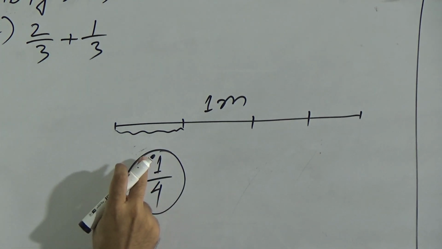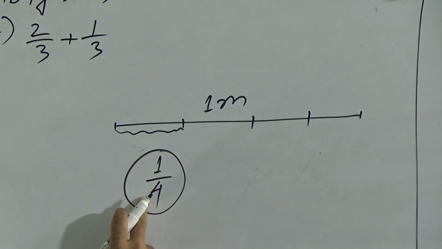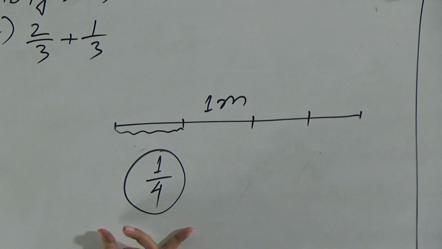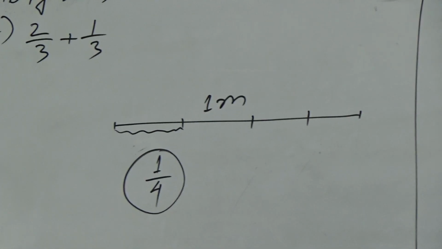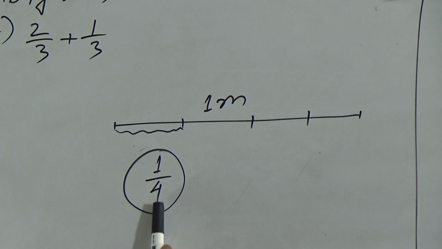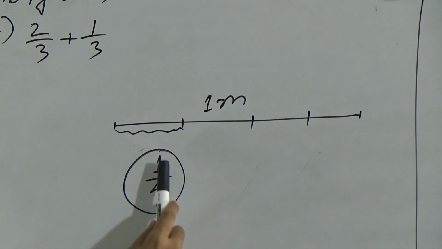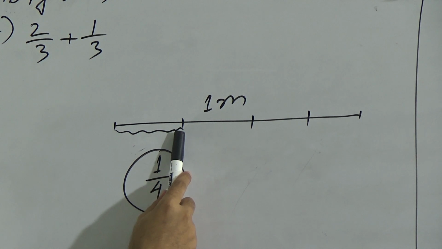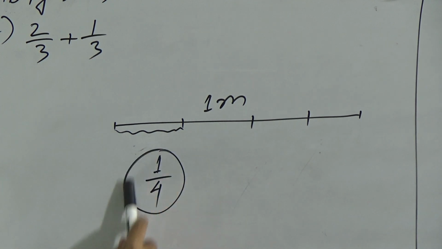We can compare the given part with the total part. Expressing anything as a part of whole. Here whole means total and we want to express one part. So this we can express in this way.